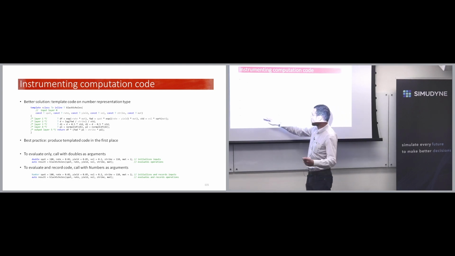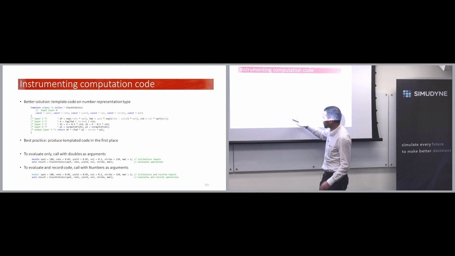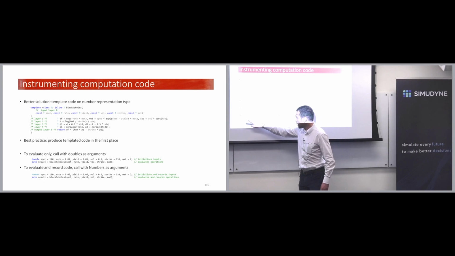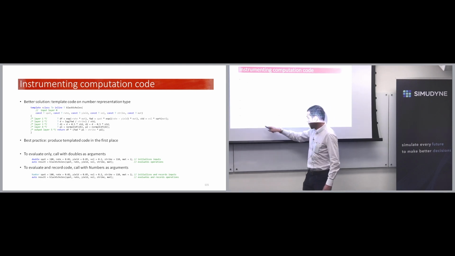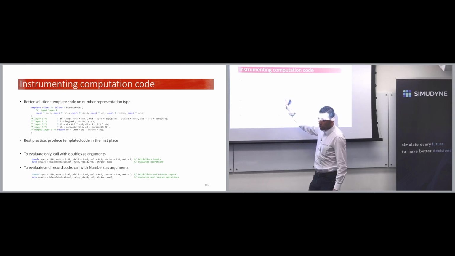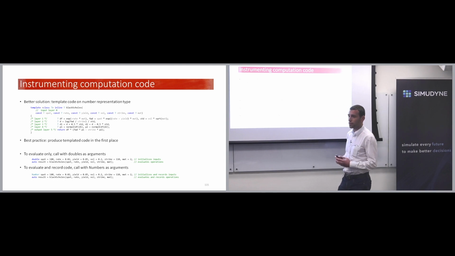To evaluate and record, I call it with numbers as arguments. So if I initialize my arguments this time as numbers and I call the Black-Scholes function with these arguments, then it will call the number instantiation of the same code, so it will calculate and record its operations at the same time.